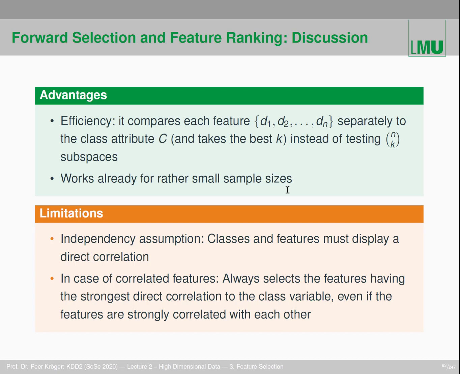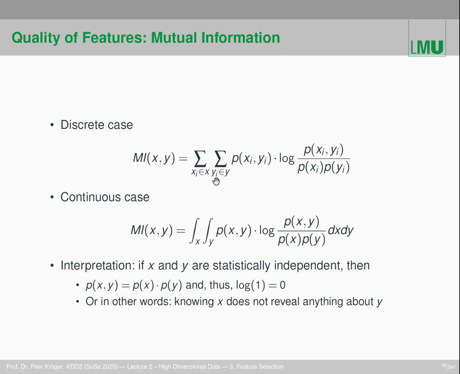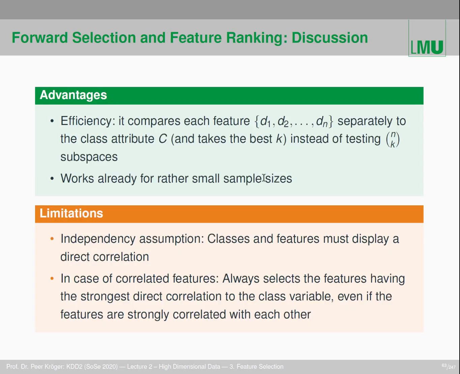But that's much better than testing all possible k subsets of n, which is n over k actually. And it also typically works quite well for small sample sizes, because all those measures here are one-dimensional measures and quite simple, not too simple, but quite simple models. So you do not need too many samples in order to get robust estimates for all of those things. So that is definitely an advantage.